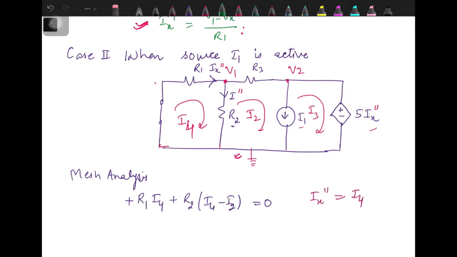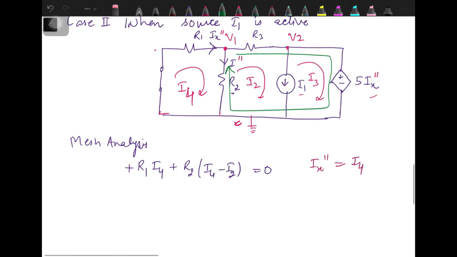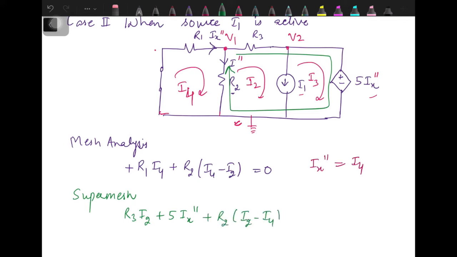Then we have to combine mesh 2 and 3 to make a super mesh. The equation of the super mesh will be R3 into I2 plus 5 Ix double dash plus R2 into I2 minus I4, that is the resultant current through R2 in the direction of I2 only, equal to 0, and then we will have a constraint equation.